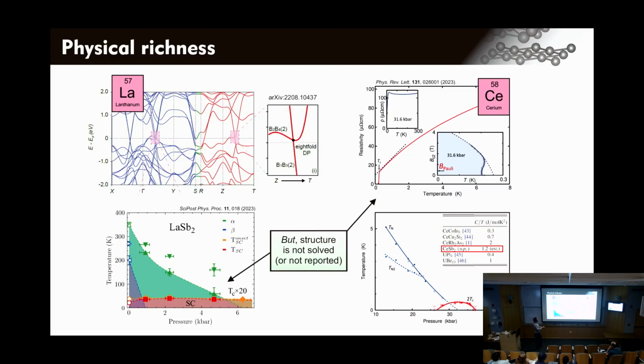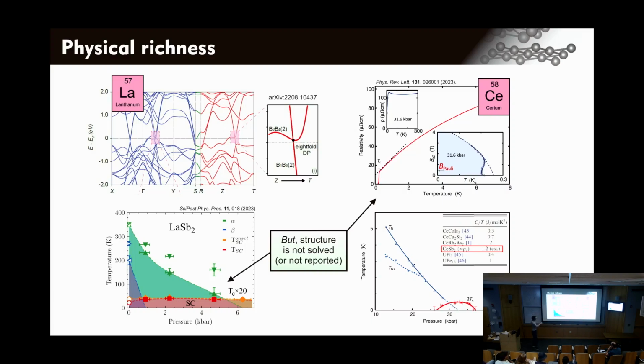Okay. If you look not at lanthanum, but at cerium on the right-hand side, which is the same structure, this material turns superconducting under pressure. So this is 3 gigapascal, and it turns superconducting. And this superconductivity is concomitant with the suppression of antiferromagnetic ordering. So this looks like a quantum critical point.